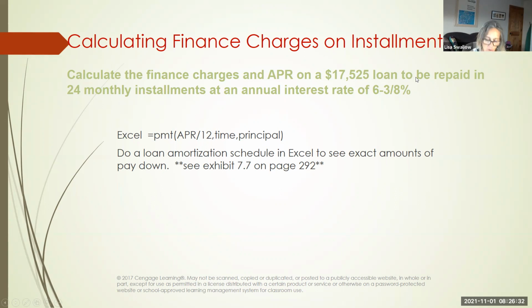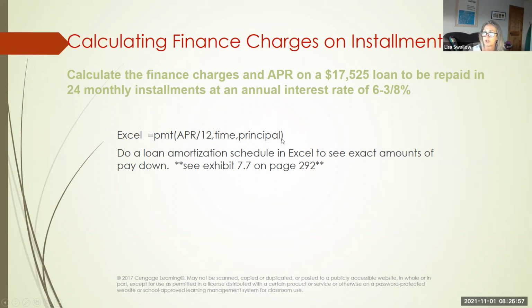Okay, so on page 292, they're showing you something called a loan amortization schedule. You can manually set them up and do it like the schedule, but I'm going to show you how to do it really super easily in Excel.